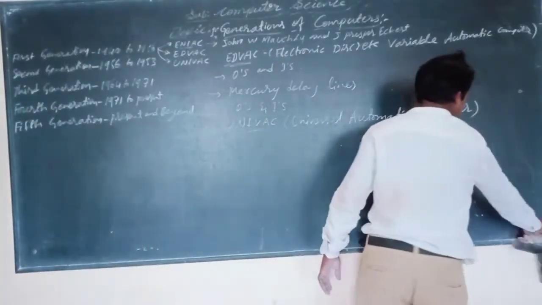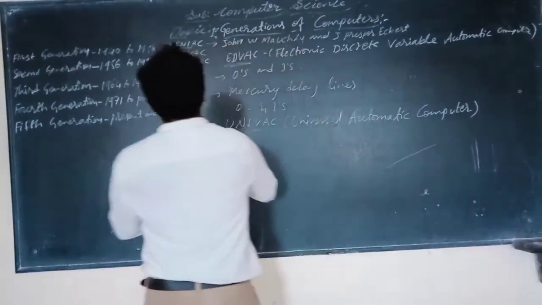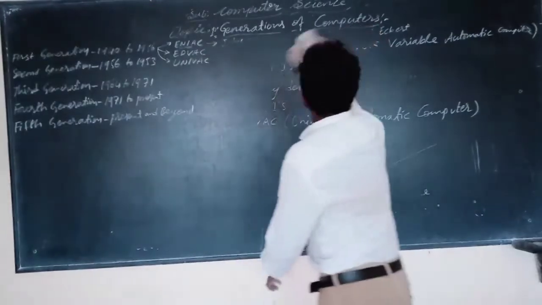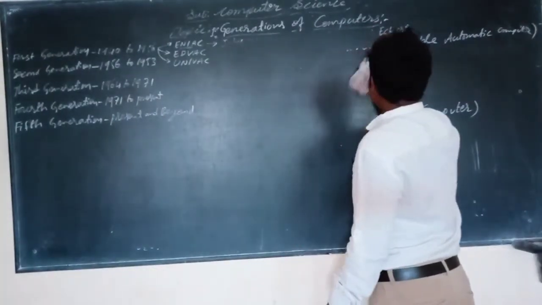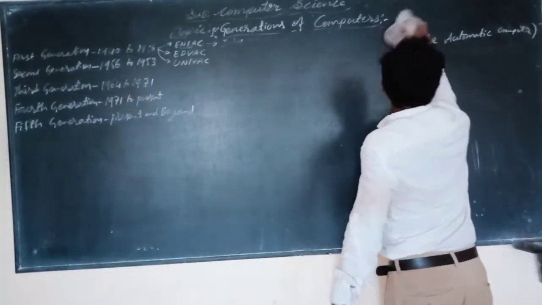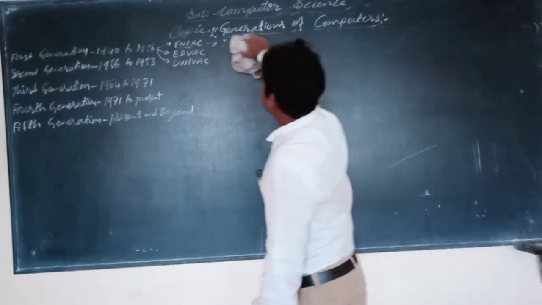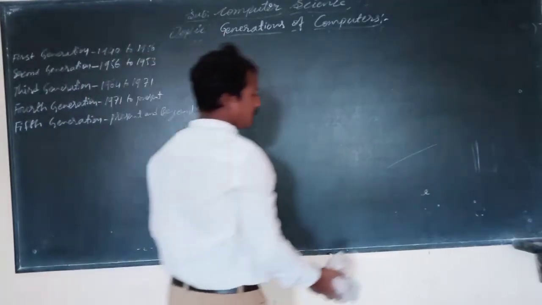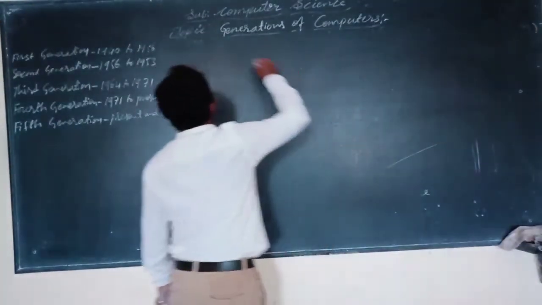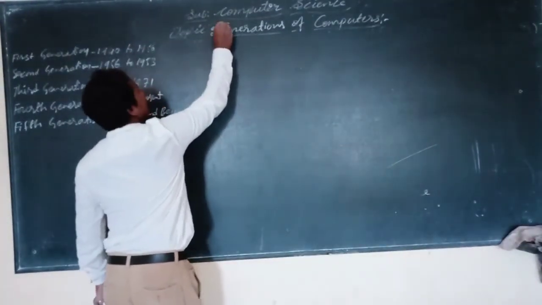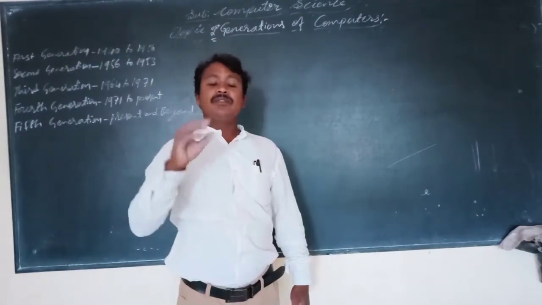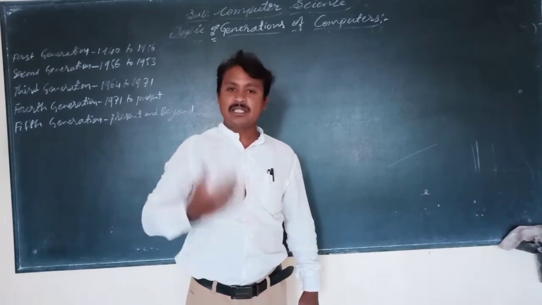generation of computers. If you come to the second generation of computers, what are the main characteristics of second generation computers? In first generation, computers used vacuum tubes to perform the internal operations.